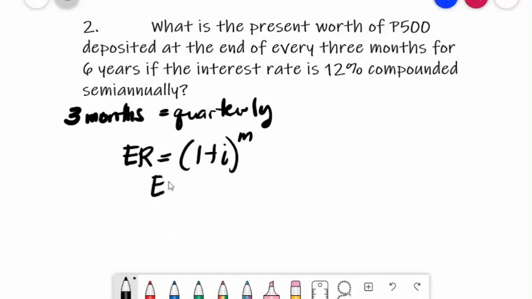So, ER of quarterly is equal to ER of semi-annually. Kailangan natin yung interest rate ng quarterly para yun yung gagamitin natin dito sa present worth. So, we have an annuity equal to 500 pesos pala. And we will now equate the two.